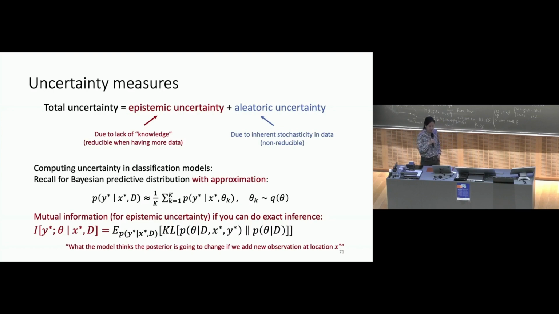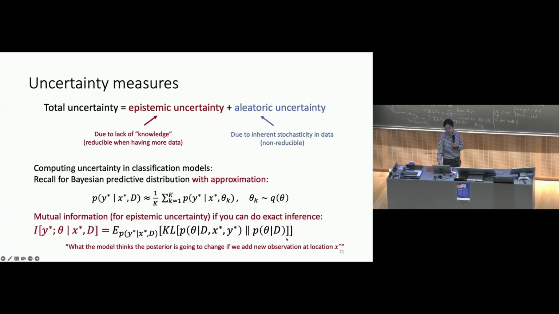Okay? So this essentially gives you some idea about epistemic uncertainty, right? If, for example, this mutual information is high, then roughly speaking, on average, this KL term is high. Then it tells you that this updated posterior will be very different from the current posterior.